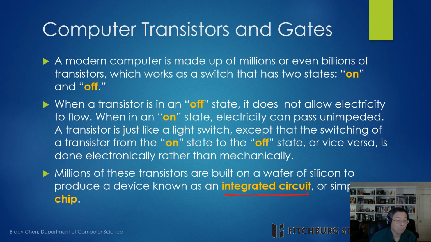These chips are small, but very powerful because they have billions of transistors built in. These transistors are logically put together to create a bigger component, and all these components are put together to create even bigger electronic components, and they can do logical operations.